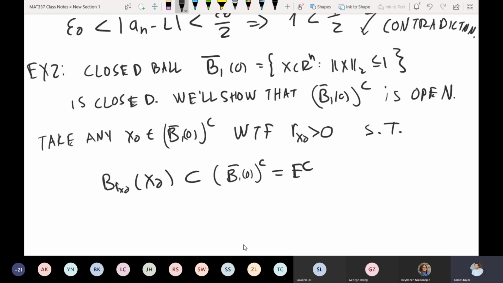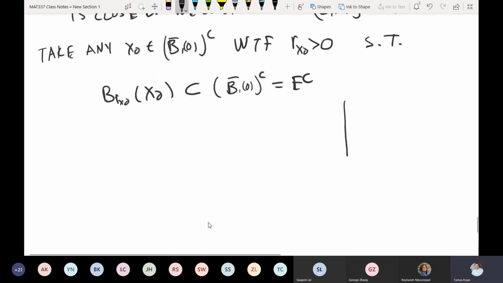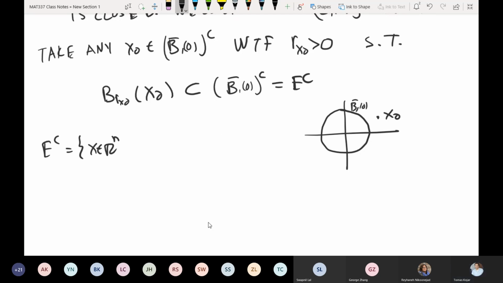Let me write this as the complement and this one as E. So what's the picture? This is the ball, and we pick a point x naught. What is the complement? These are all the points that are strictly bigger than 1.